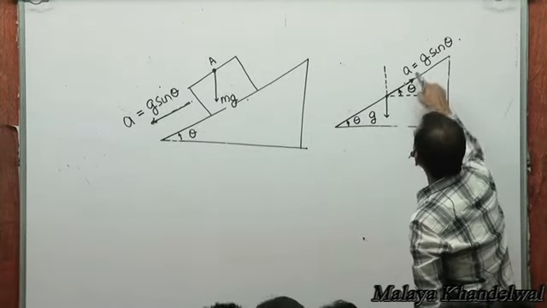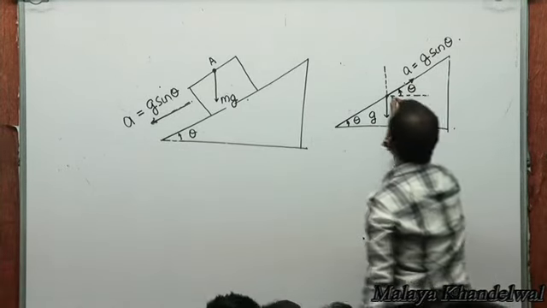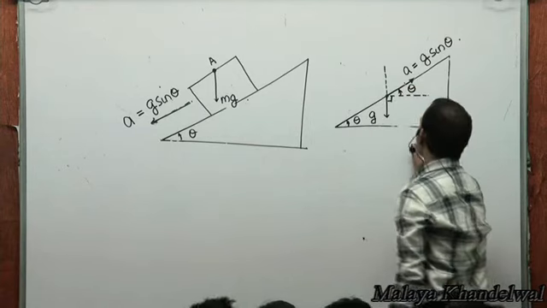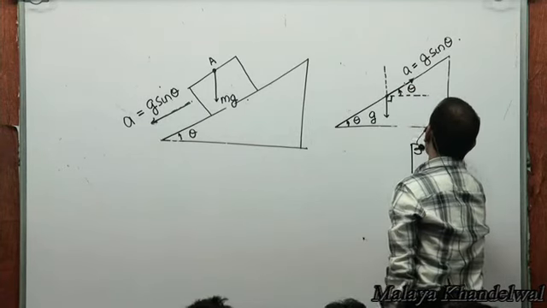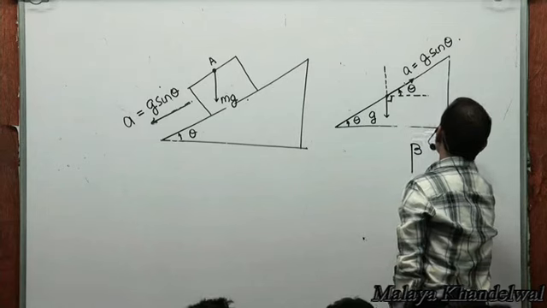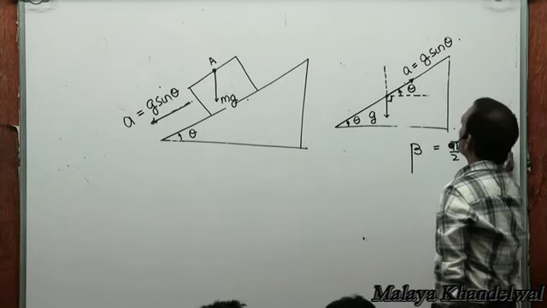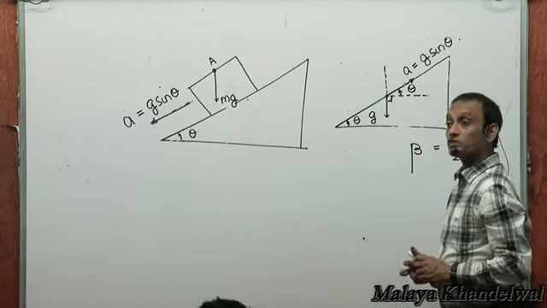The angle between G and A is 90 plus theta. In this case, that beta that we were talking of is 90 plus theta. Yes or no?